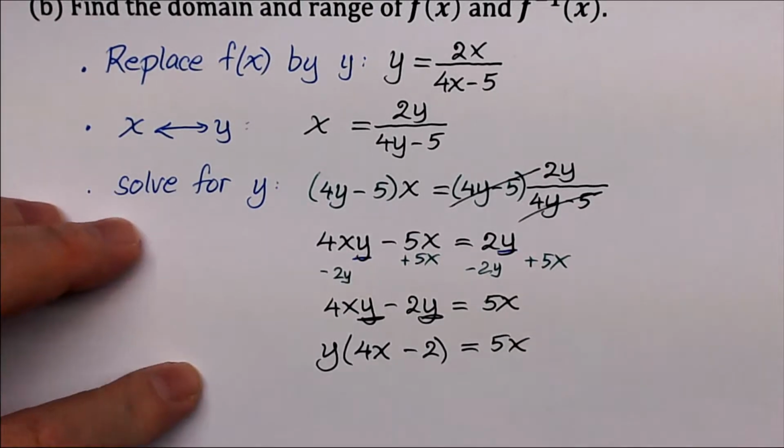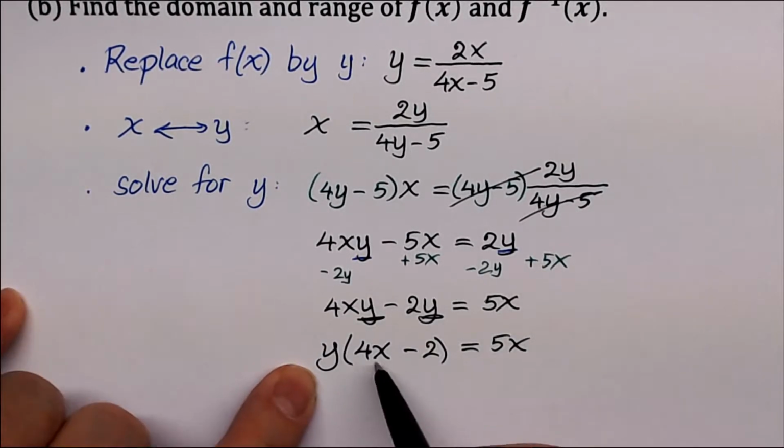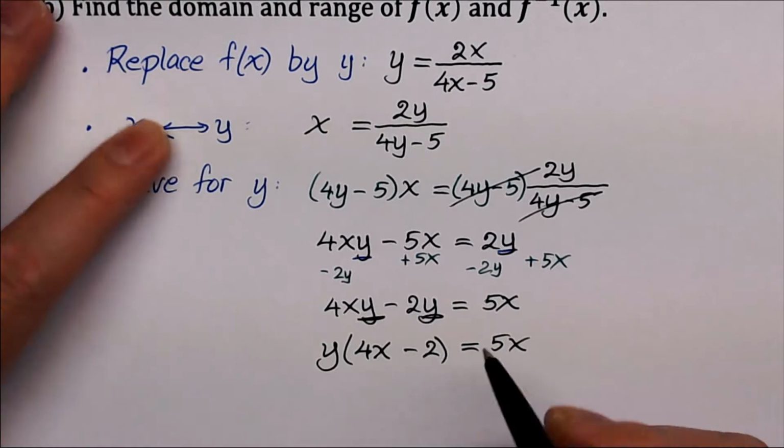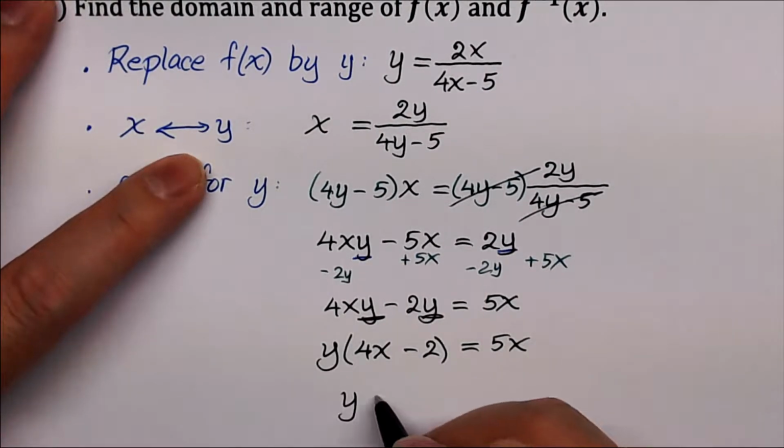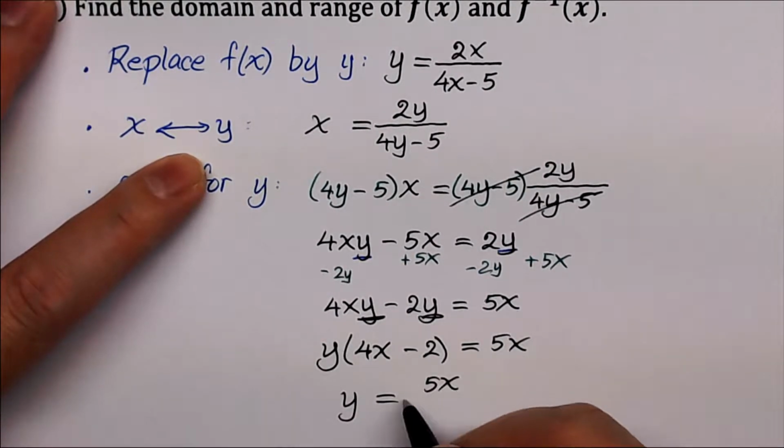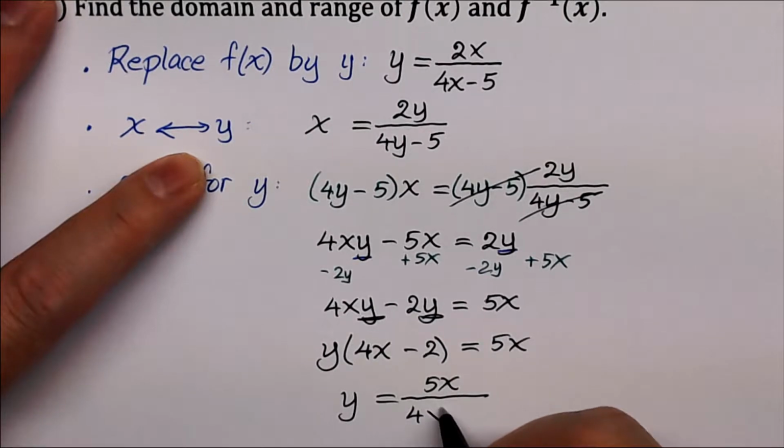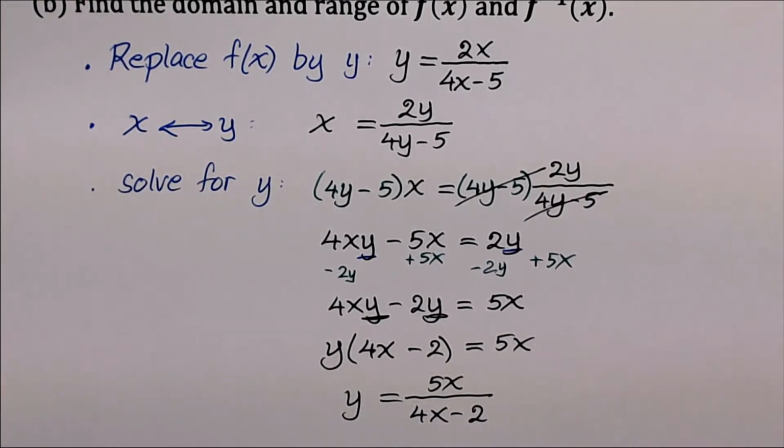And finally, to solve for y, we divide by 4x minus 2 on both sides. We have y equal to 5x over 4x minus 2. The last step is just cosmetic.